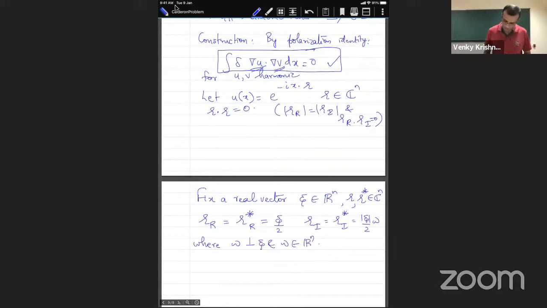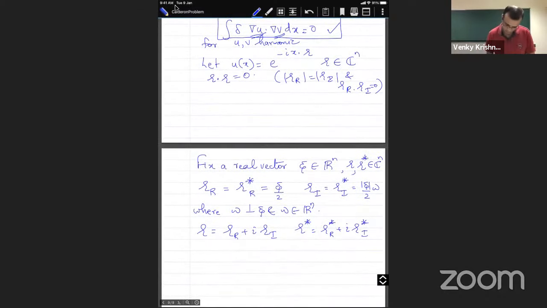Okay, now we need to check. So what is it that we need to check? My zeta would be zeta R plus i times zeta I, and zeta star would be zeta R star plus i times zeta I star. Okay, now what do I have?